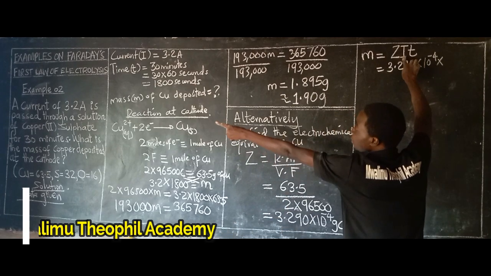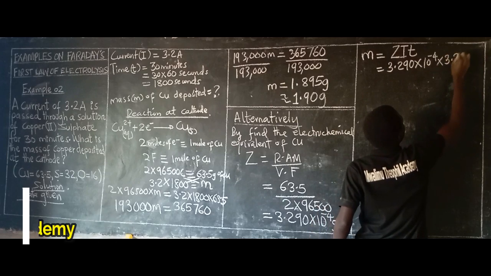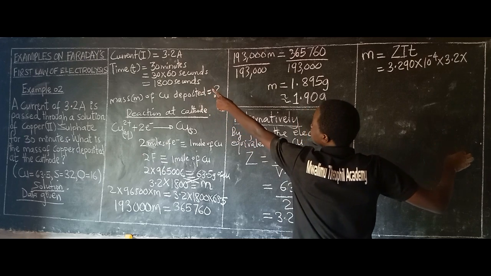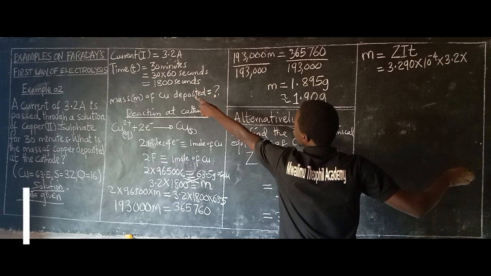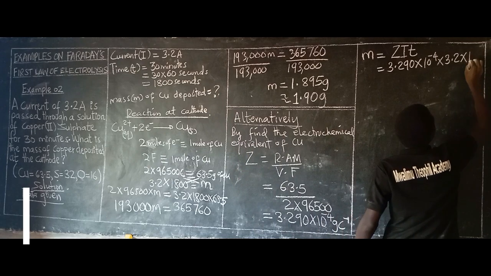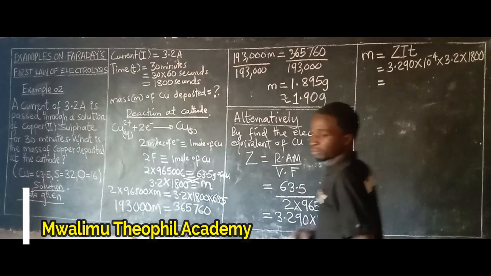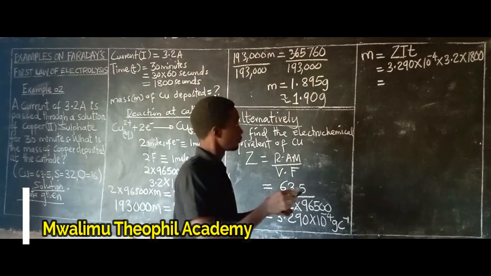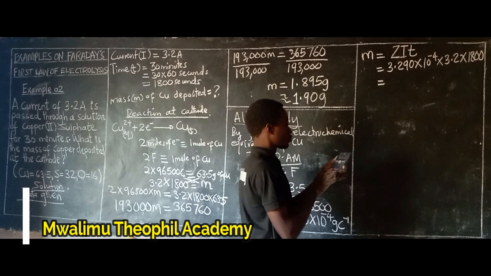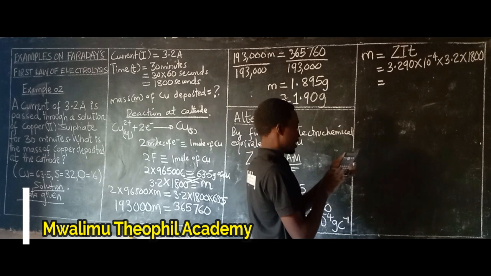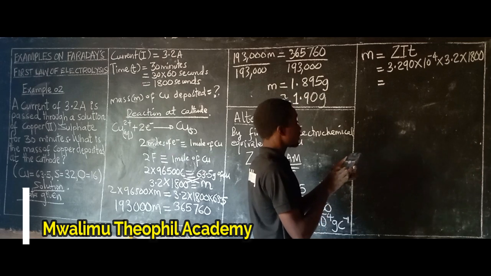The current we are given is 3.2 ampere, times time. The time we are given is 30 minutes, which is equivalent to 1,800 seconds. Now, what do we get? Let us compute on a calculator. We have 3.2 times 3.290 times 10 raised to negative 4 times 1,800.